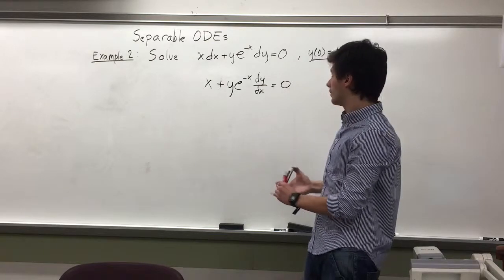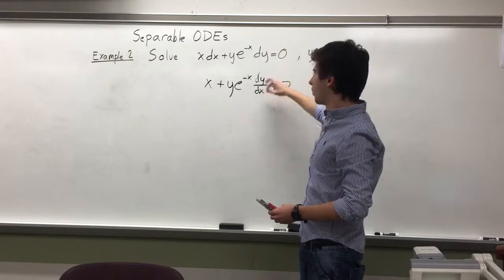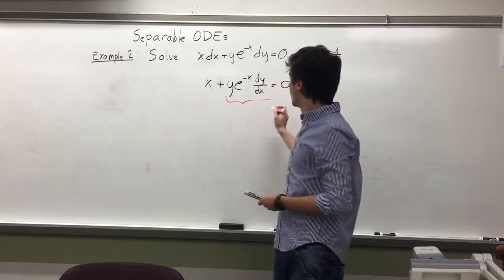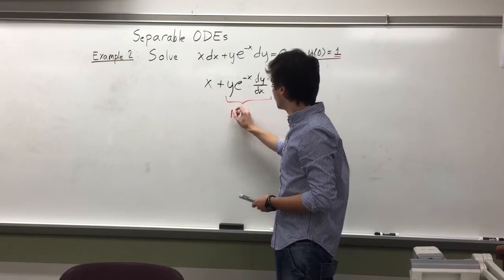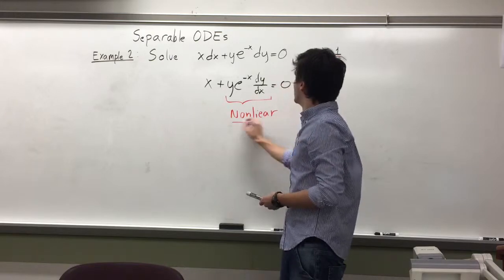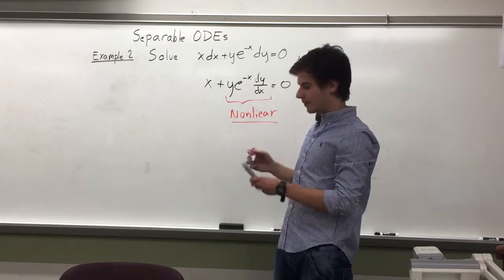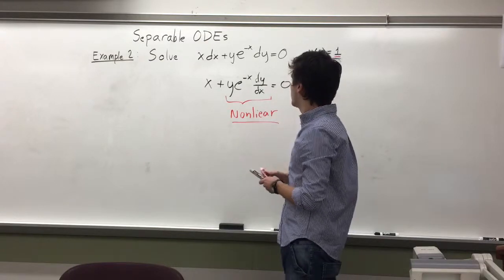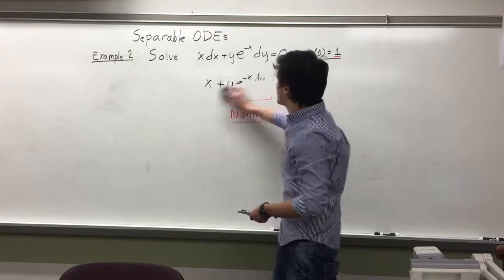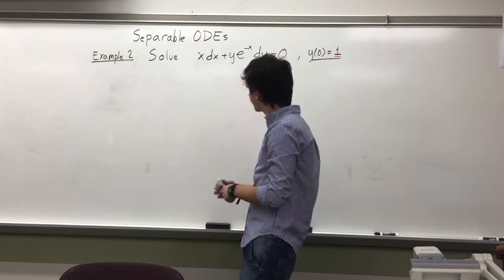So when we write the differential in proper form dy over dx, we can see that this ODE is nonlinear, because we have y times its derivative. However, it is separable. So we could use separation of variables to solve this ODE.